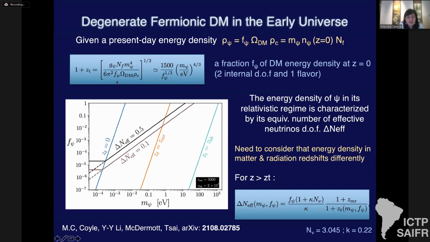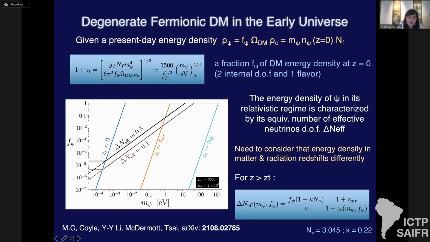And this is interesting because most studies in the literature have not considered that there could be a lower amount of dark matter in the form of these fermions. We know that we can have many components of dark matter, but this study is going to consider this fraction of dark matter energy density at current times.